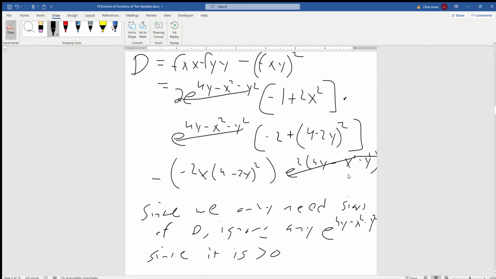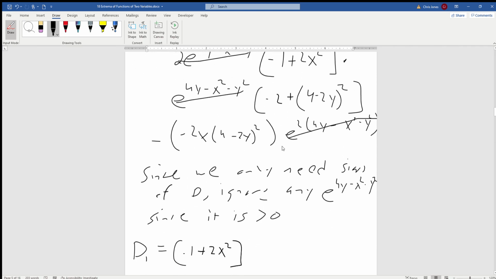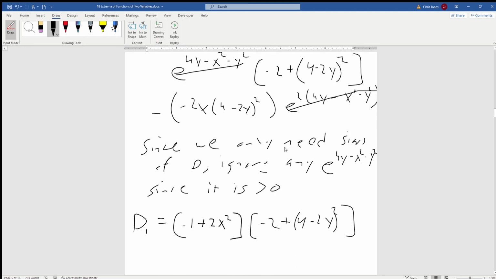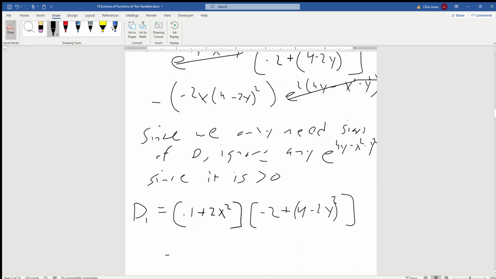And then we also have, we're going to multiply that by negative 2 plus 4 minus 2y quantity squared. And from that, we're going to subtract out that negative 2x, 4 minus 2y squared.